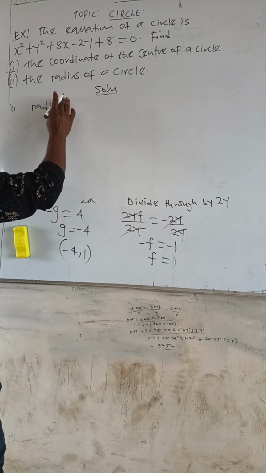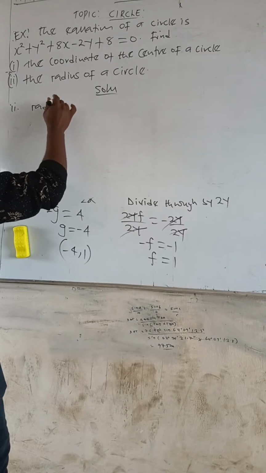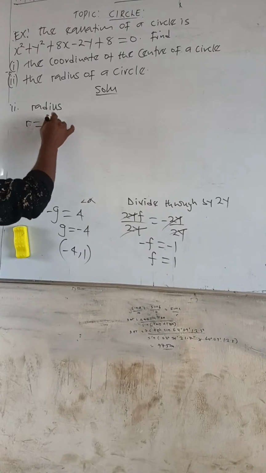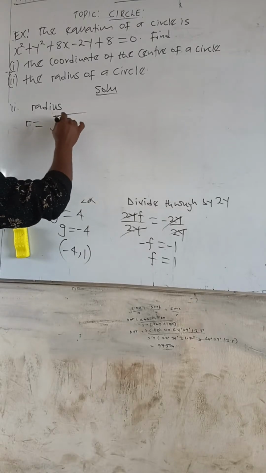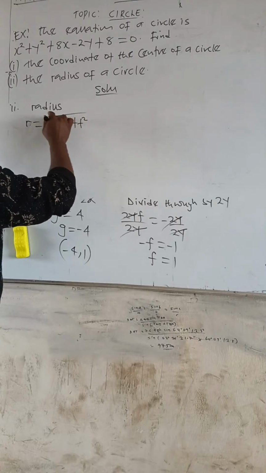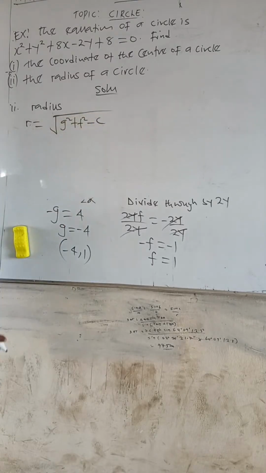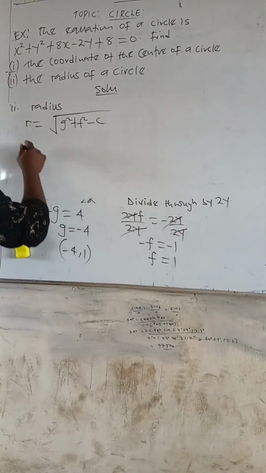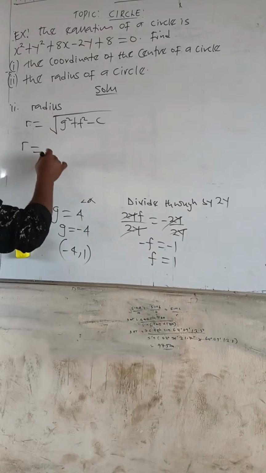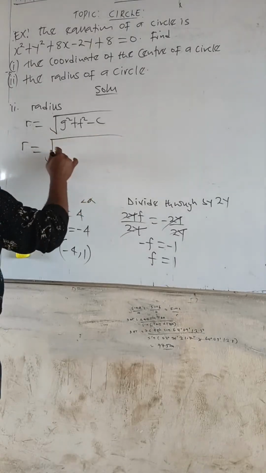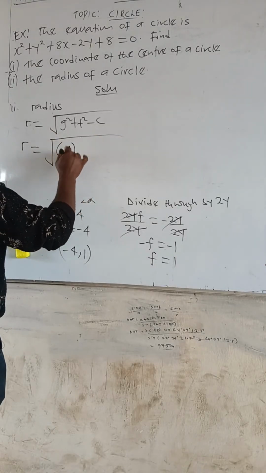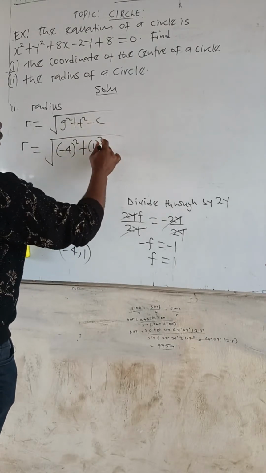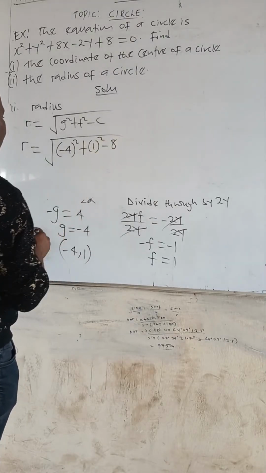Radius. Our r is equal to the square root of g squared plus f squared minus c. But our C is 8. So our r is equal to the square root of, G is minus 4 squared, F is 1 squared, C is 8.